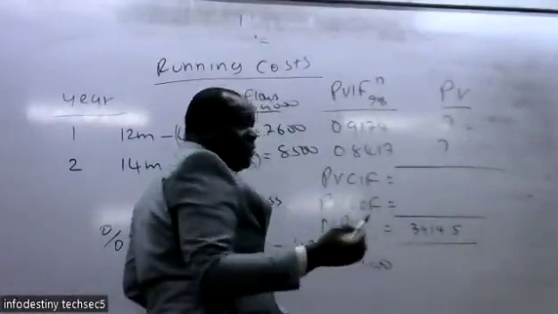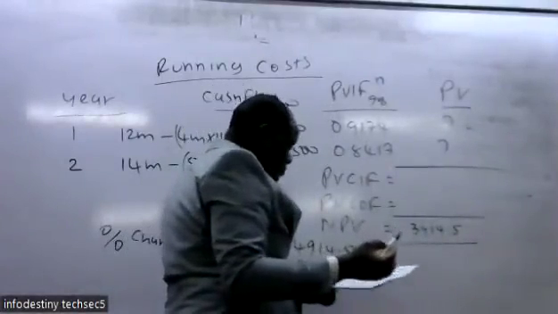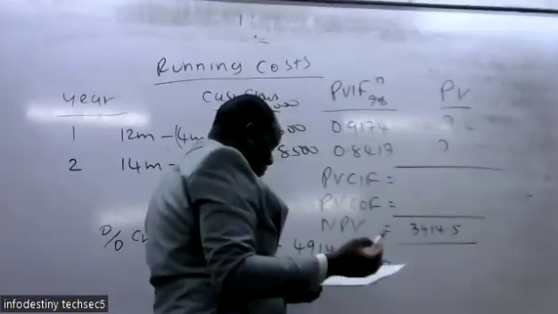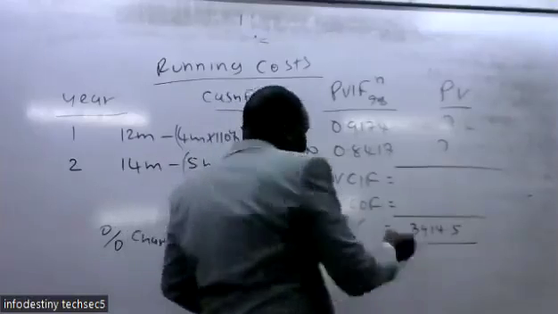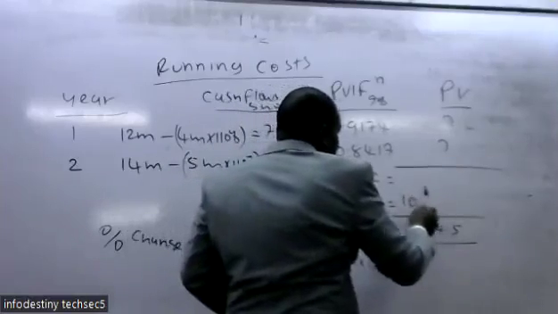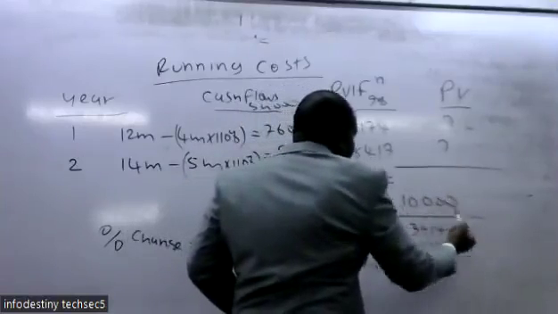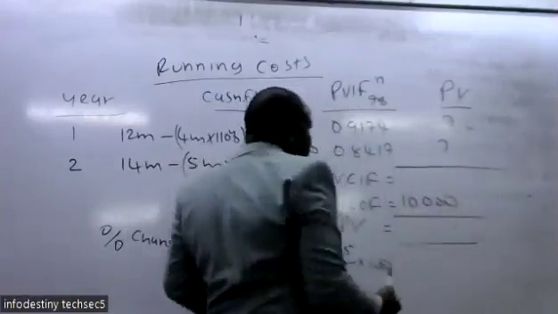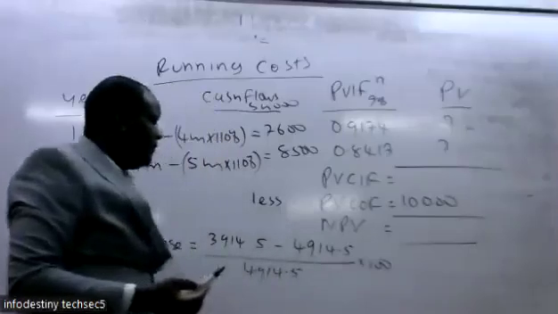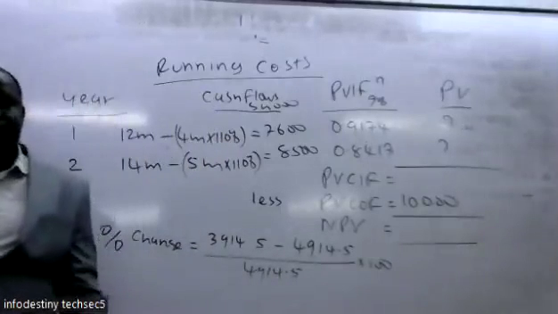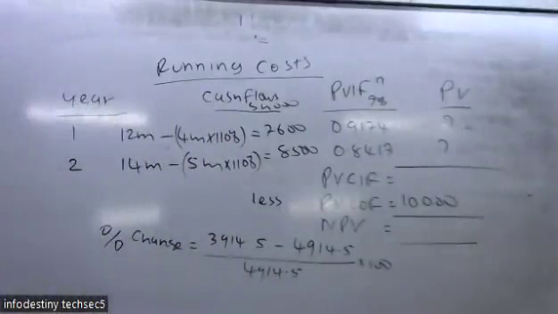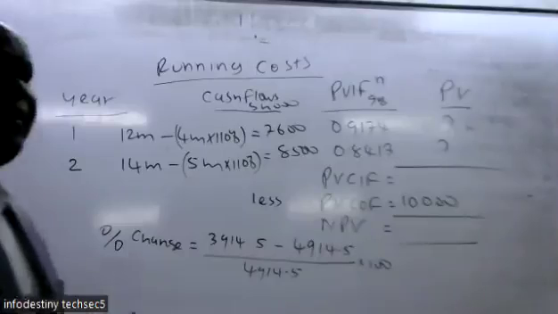So initial cost now it will go back to what was there initially. Remember, initially it was 10 millions. So you subtract the 10 millions to get now the new NPV.